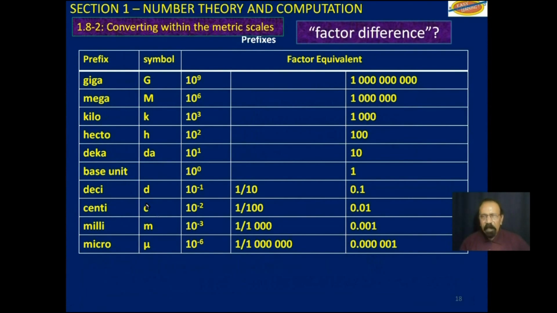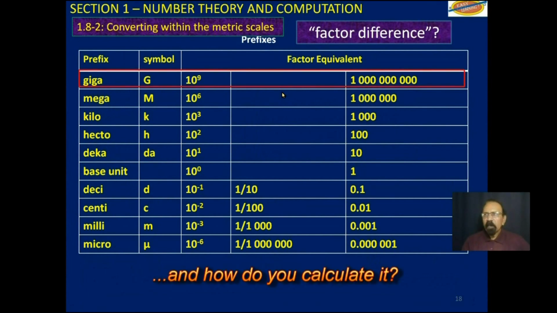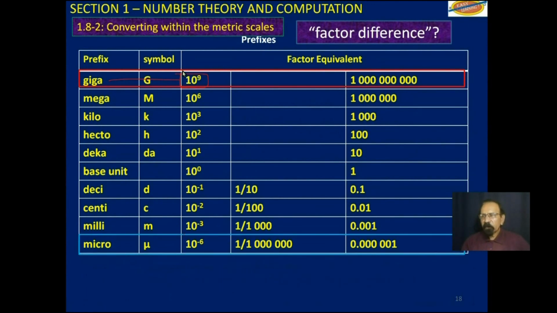So I used that term factor difference just now, and you may be wondering, well, what is a factor difference? So let us say we are dealing with giga something, say gigawatts, and we want to convert it to microwatts, or the other way around.